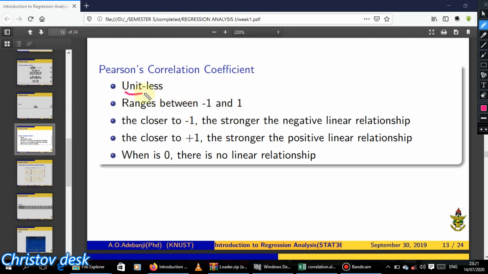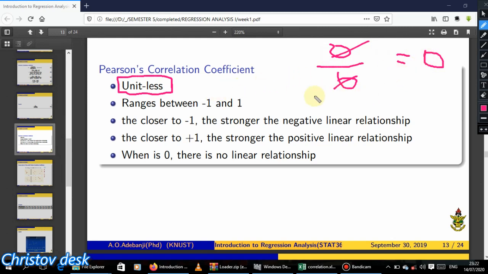So take note, there won't be any unit, because you are dividing the same unit on top over the same unit below, so they cancel out, and you get a constant which is a weighted average. That constant you get has no unit.